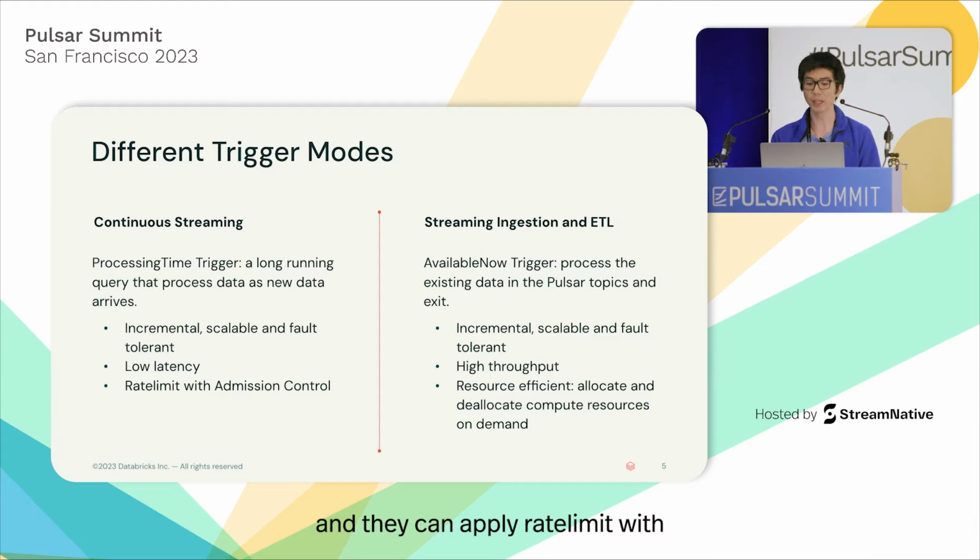They can apply rate limits with the admission control provided by the Pulsar data source. Underlying the processing time trigger is a long-running query that processes new data as it arrives. So it can be really low latency, and it is also very scalable and fault tolerant.